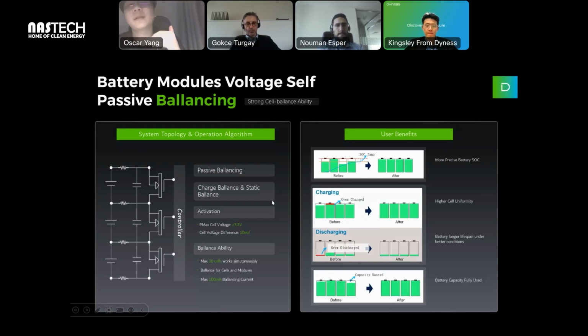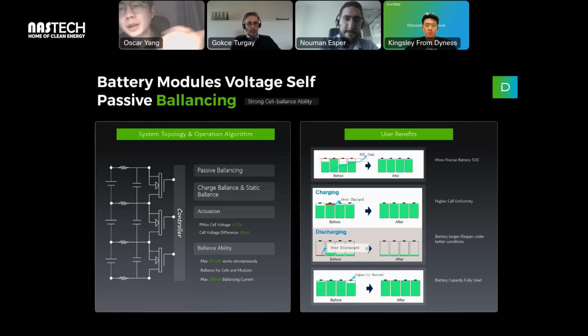So you can fully take advantage of the battery capacity. When our passive balancing function is triggered, the voltage difference between every battery cell is under 10 millivolt, and this function supports a maximum of 30 cells. So for a 5 kilowatt hour battery, inside it is only 16 cells.